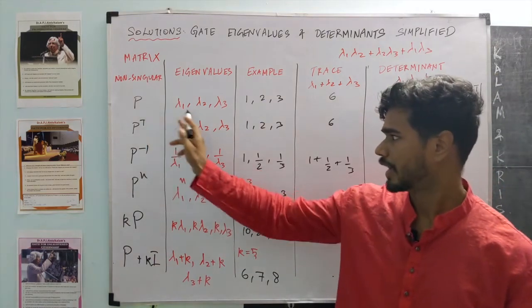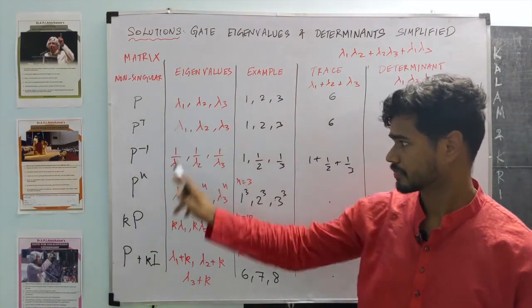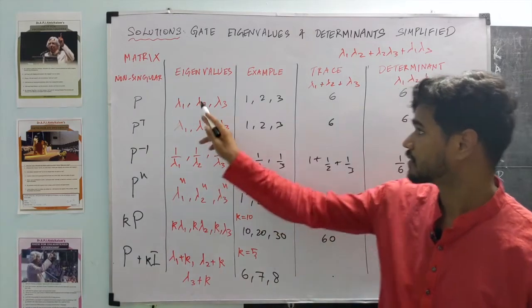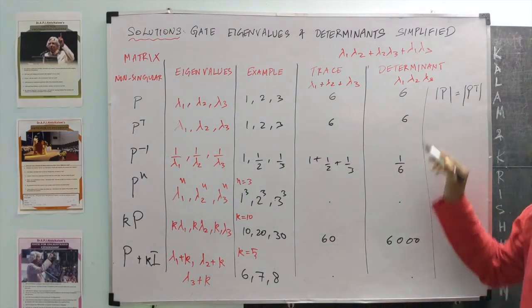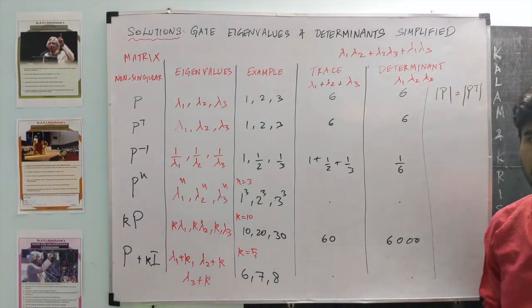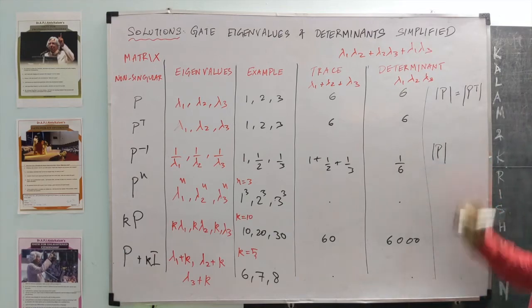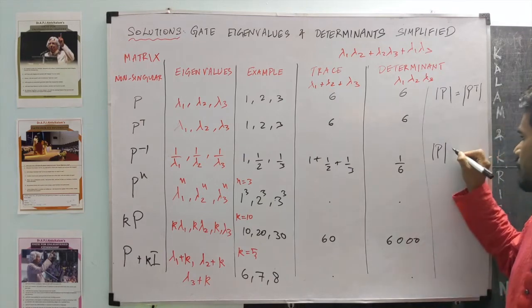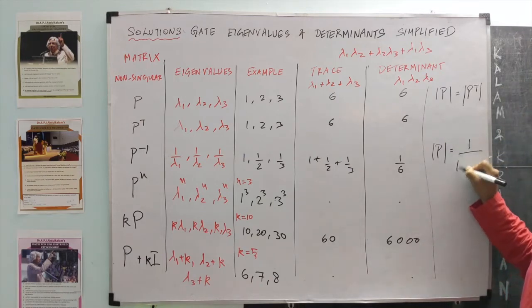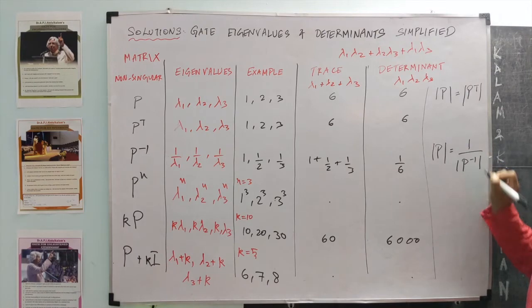Notice the eigenvalues of P and P inverse are inverted. That is reflected in the determinants, right? 6 and 1 over 6. In fact, the determinant of the original matrix P is going to be 1 over the determinant of P inverse.